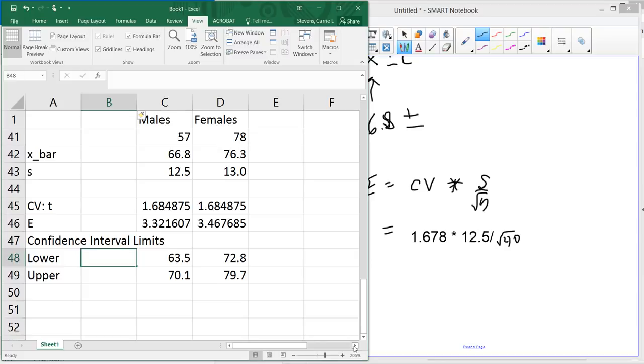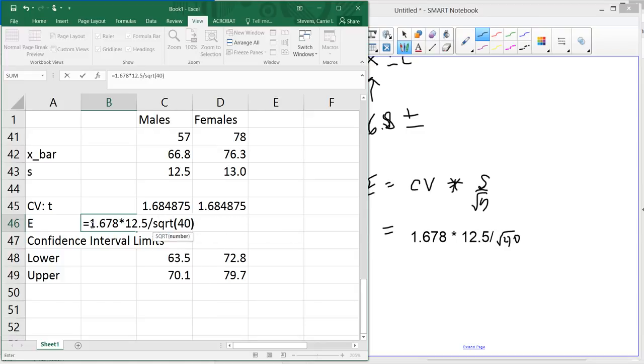So for E, I got 1.676 times 12.5 divided by the square root of 40. Oh, yeah, pretty close, right? It rounds off pretty close.